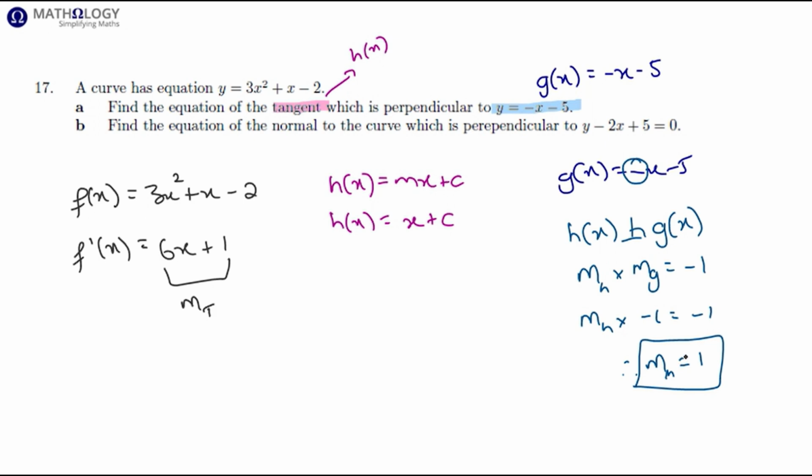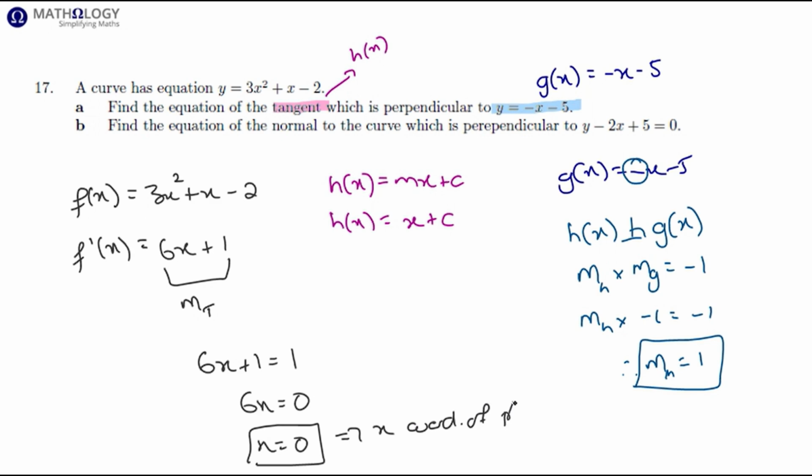We know that the tangent h of x has got a gradient of 1, so we can say that 6x plus 1 equals 1, 6x equals 0, x equals 0. x equals 0, this is the x coordinate of the point of contact between the tangent and the curve.